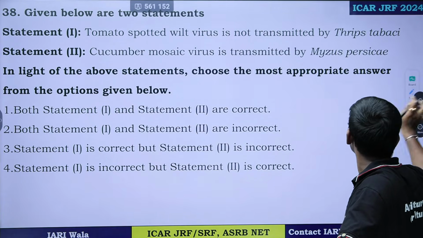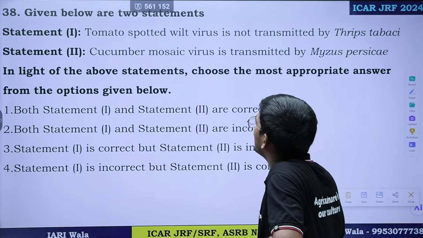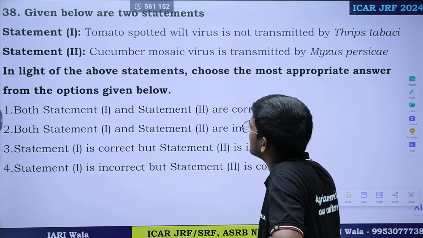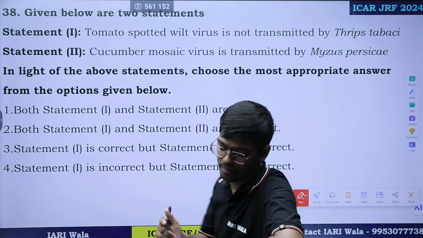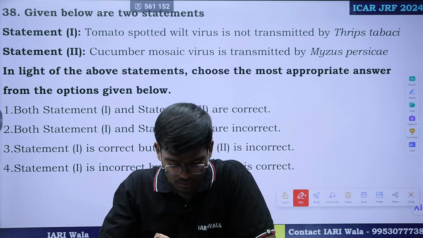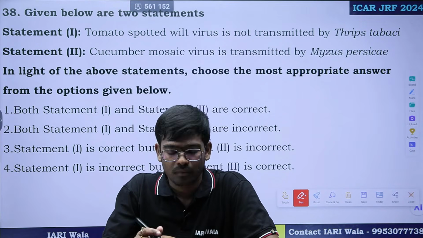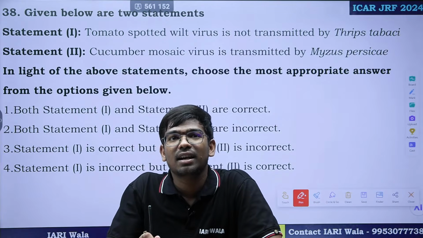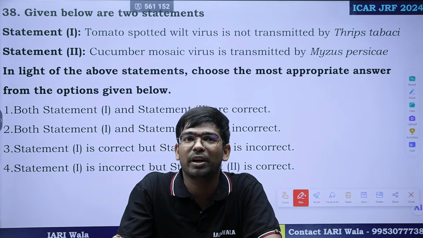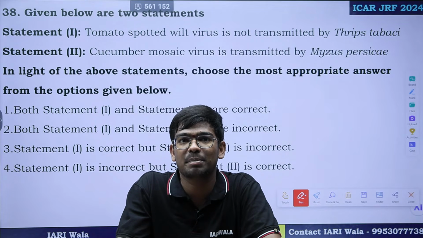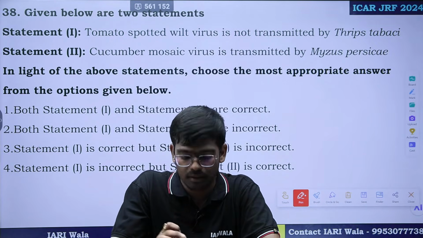And next one, again a statement type of question. Statement 1: tomato spotted wilt virus is not transmitted by Thrips tabaci, and statement 2: cucumber mosaic virus is transmitted by Myzus persicae. Which one will be the answer? So what will be the answer?